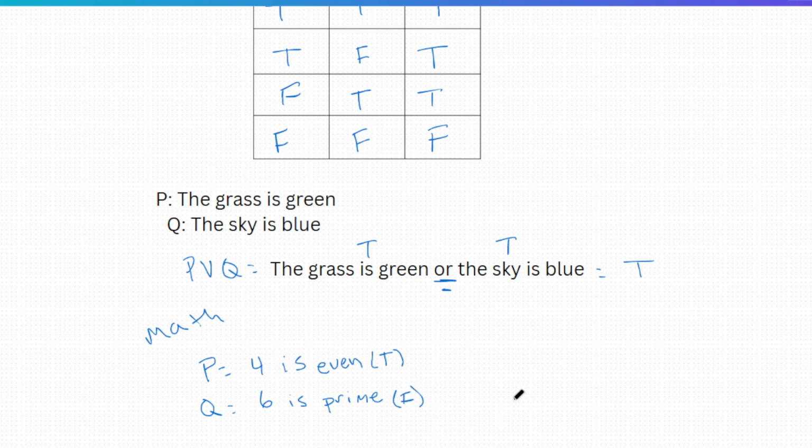Our disjunction P disjunction Q is 4 is even or 6 is prime. And since our first one is true, our disjunction is going to be true.